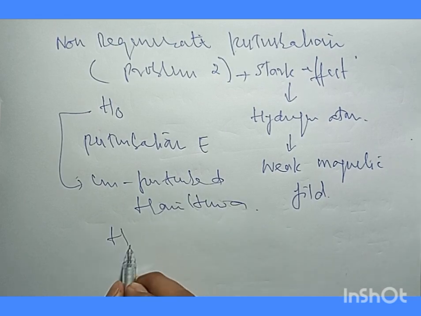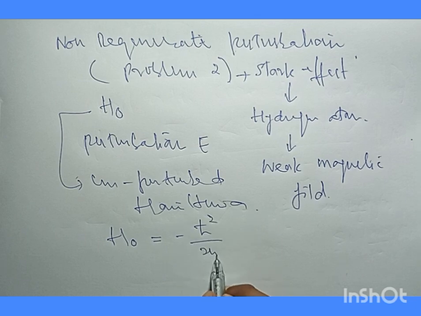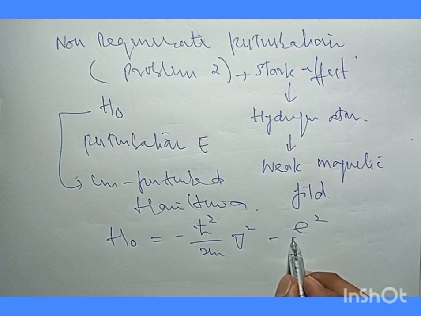The unperturbed Hamiltonian is simply the kinetic energy term plus the potential energy term.